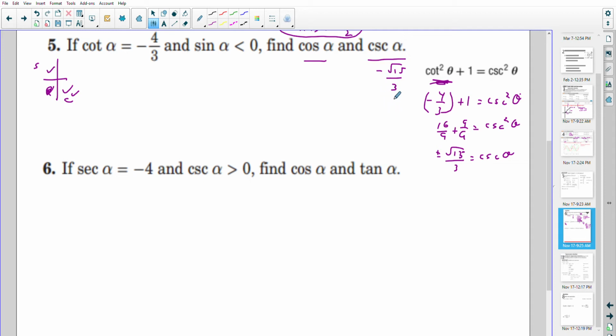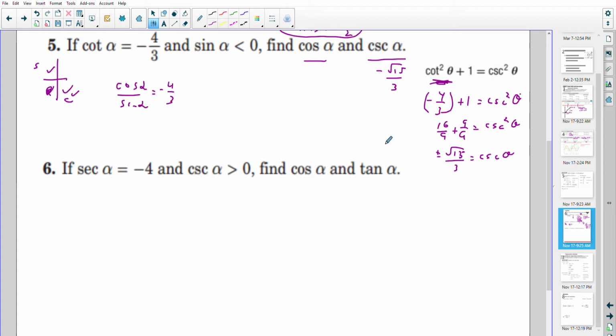Now, the cosine can also be found in a couple different ways. The cotangent is the same thing as the cosine, and I'll just start with alphas again, cosine alpha over sine alpha, which is the quotient rule.